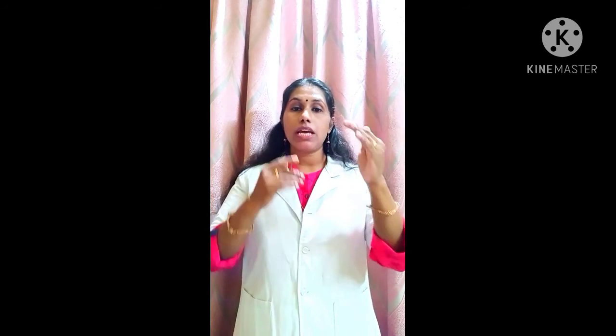So four changes would be there when changing from direct to indirect speech. When you get the question paper, look out for these four changes in each and every sentence: tense change, pronoun change, modal verb change, and time and place change. Modal verb change and time and place change may not be very common, but as a student you have to look for these four changes.